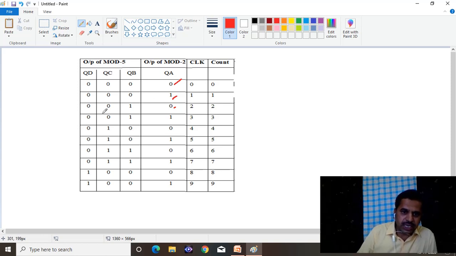Here is the mod 5 counter. See how it responds to the clock from the mod 2 counter. Initially all are 0 0 0 0. When the first clock pulse is applied, it goes from 0 to 1. When it goes from 1 to 0, again it changes state from 0 to 1. Again it goes from 0 to 1.